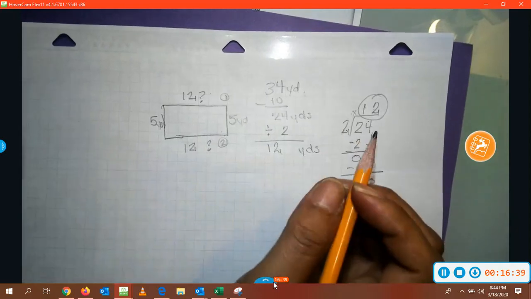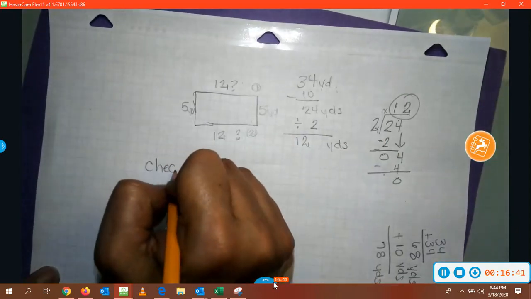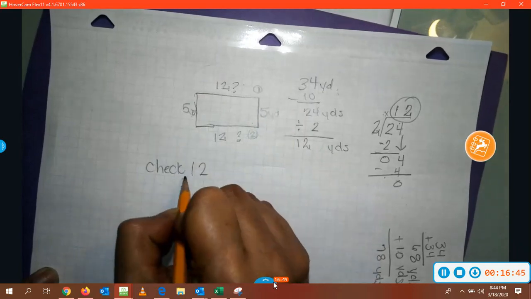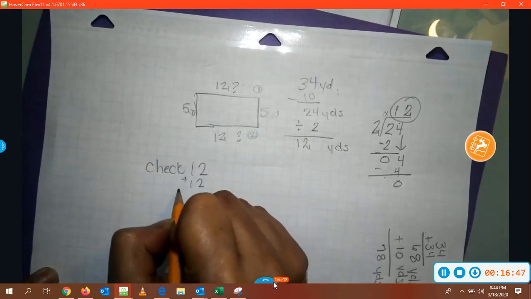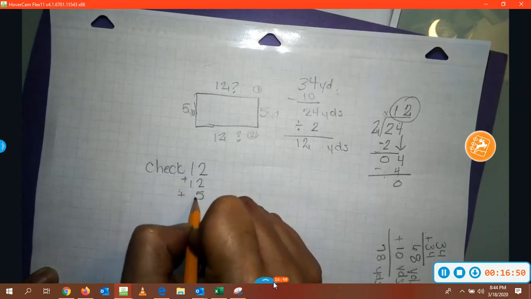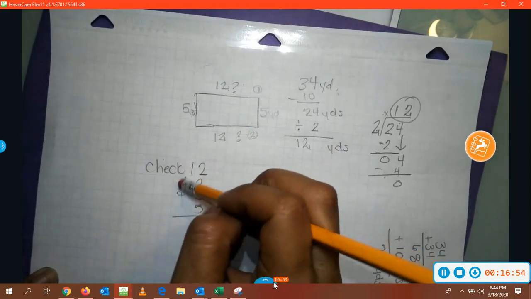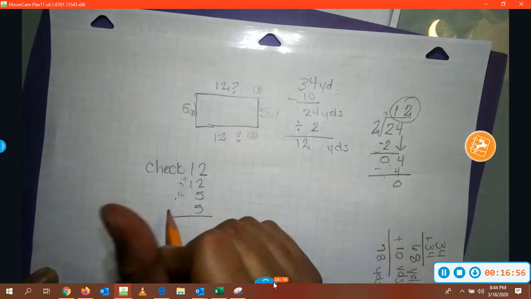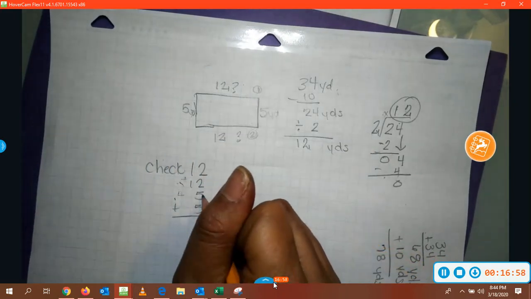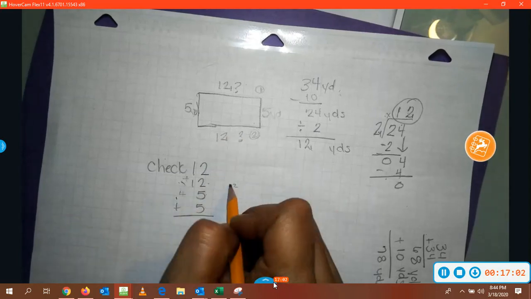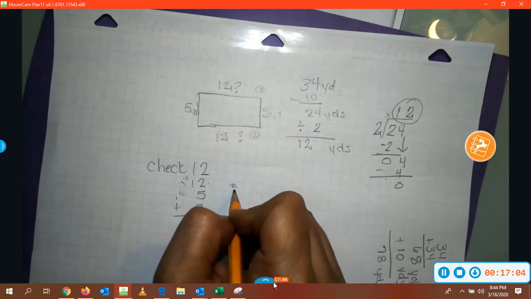Now how do we check this? We check it by going back and adding 12 plus 12 plus 5 plus another 5. Well, 5 plus 5 is 10. 10 plus 2 is 12. 12 plus another 2 is 14.